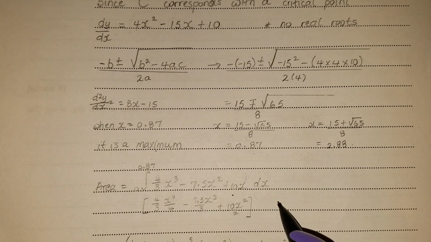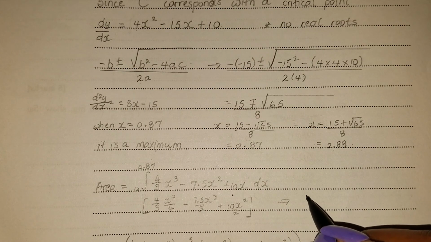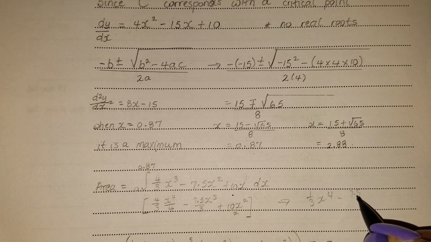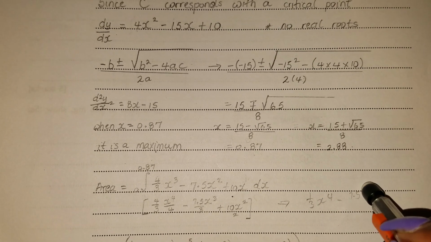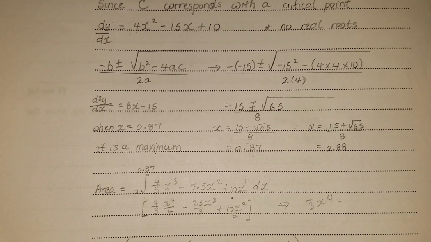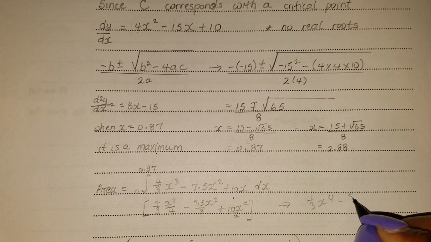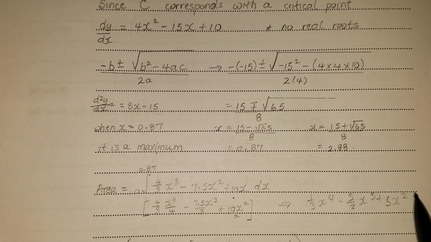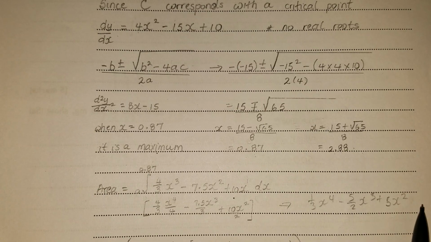So the integral is now 1 over 3 x to the 4 minus 7.5, well, 7.5 divided by 3 is 2.5, or 5 over 2 x cubed plus 10 divided by 2 is 5x squared. So this is our integral in which we are going to plug our upper and lower limit.